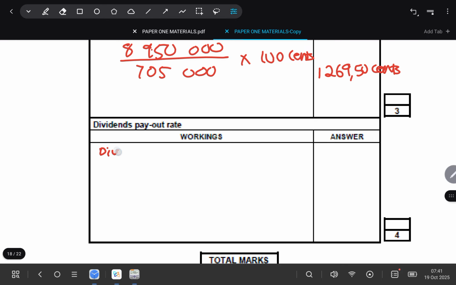So we need dividend paid divided by earnings per share, and then you multiply by 100. So what do you need to do? Dividends, we know that our dividends is, they said it's 48 cents, so it means it's 48. So we need to look for earnings per share.